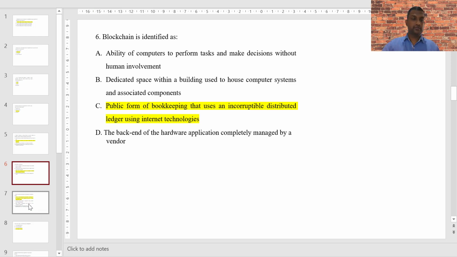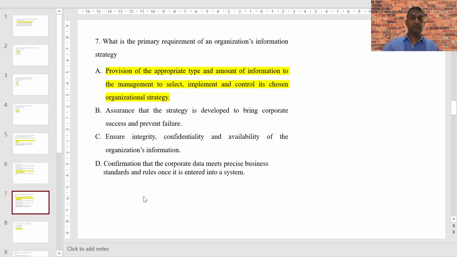Question number 7. What is the primary requirement of an organization's information strategy? First answer is highlighted as the correct answer. Provision of the appropriate type and amount of information to the management to select, implement and control its chosen organizational strategy.